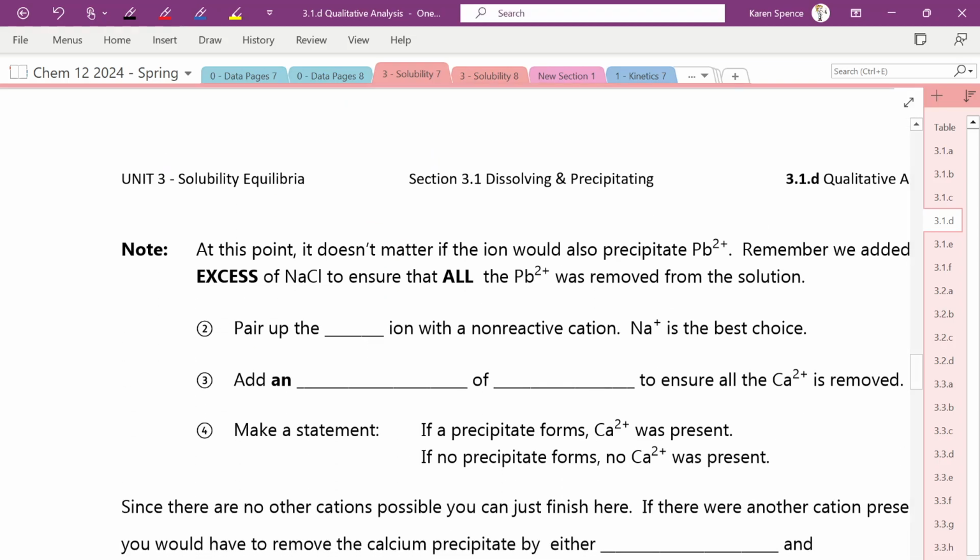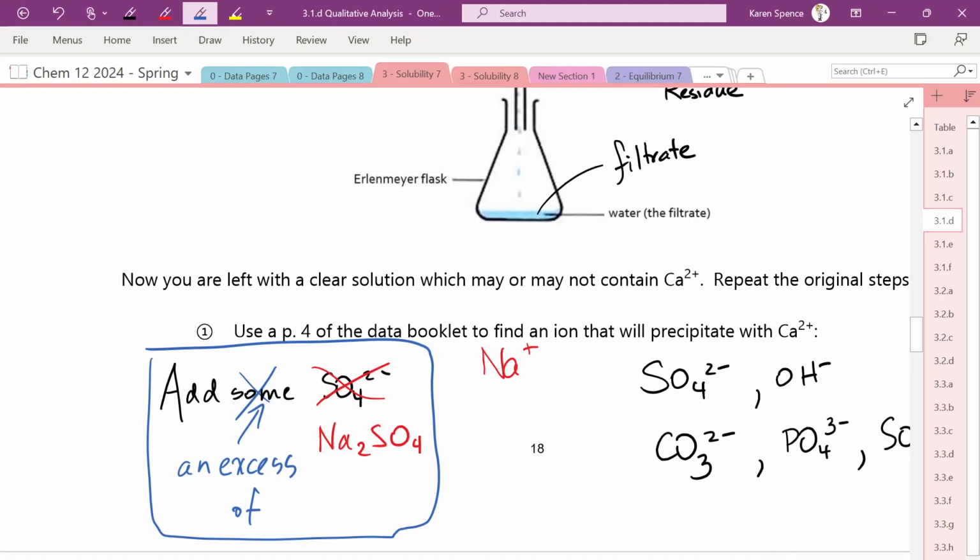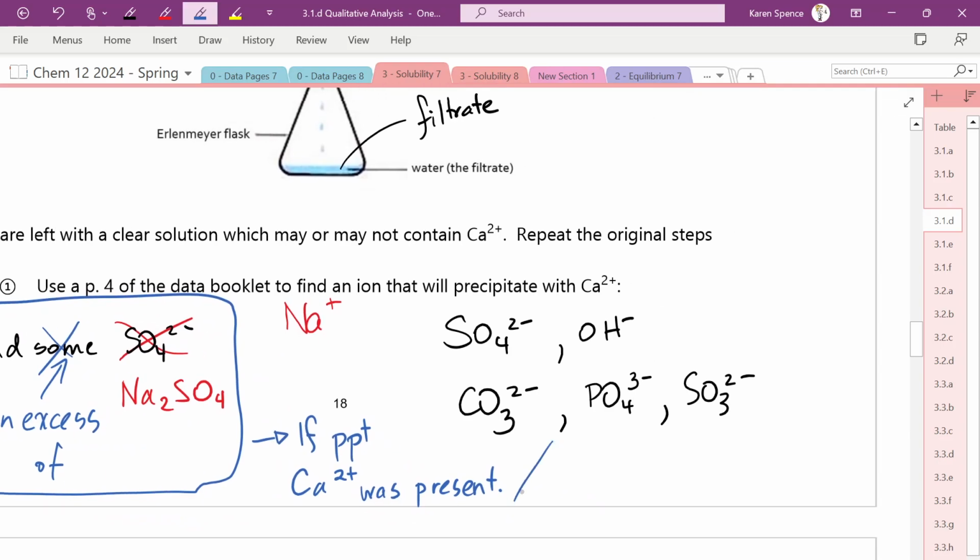So what have I done? If precipitate, Ca2+, was it present or not present? Was present. If no precipitate, no Ca2+ was present.